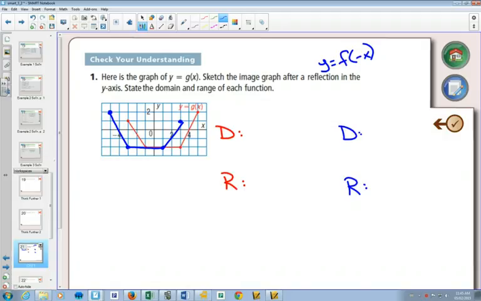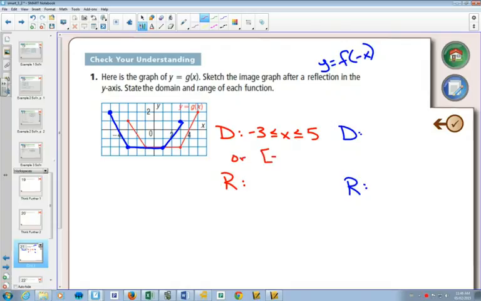But for our red graph, does it have a smallest x value? Yes, at negative 3. And it has a largest x value at 5. So because x is between two values, we'd go that negative 3 is less than x less than 5.